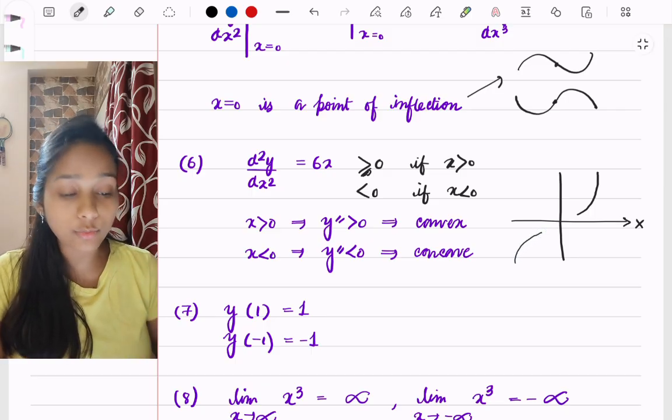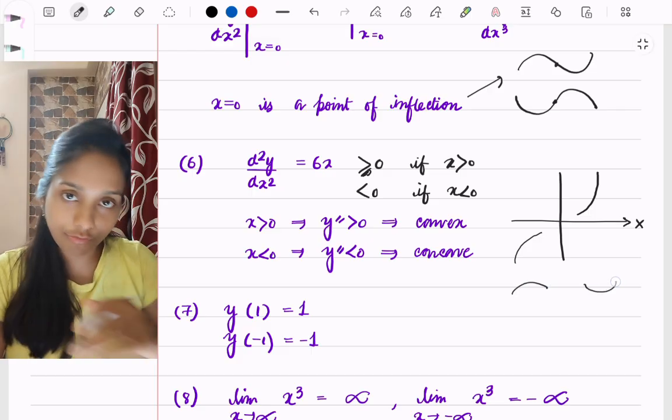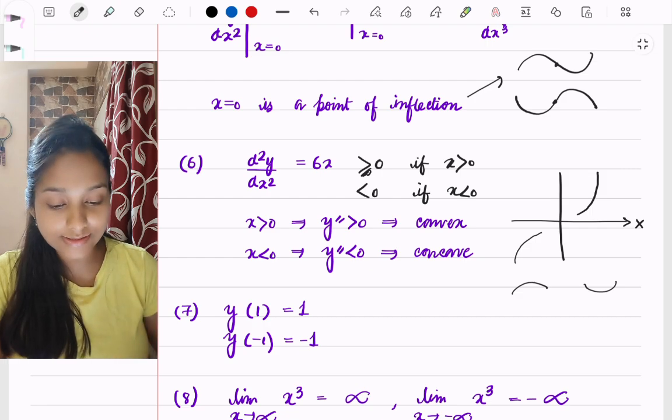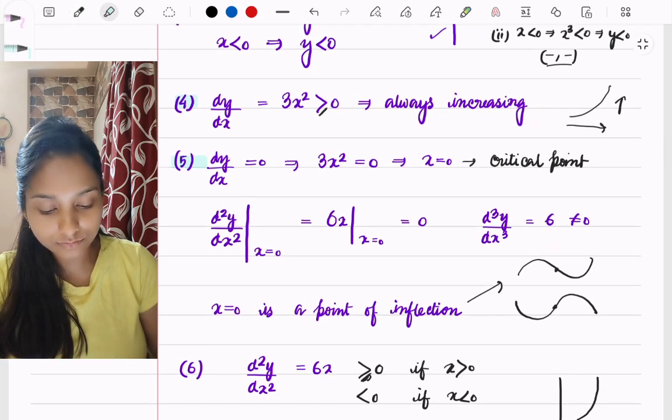Okay, and why I haven't drawn it like this or like a flat kind of thing is because I know that the function is increasing from this point forward.